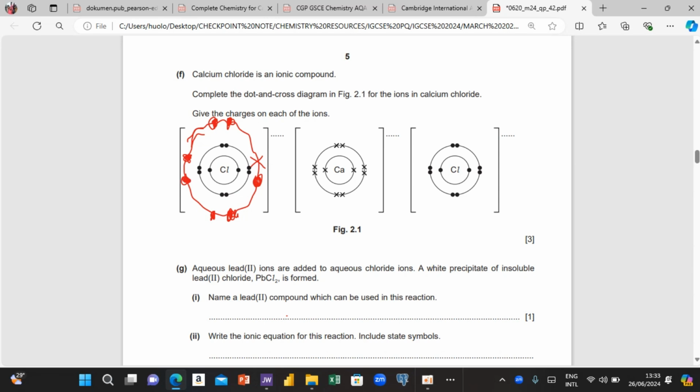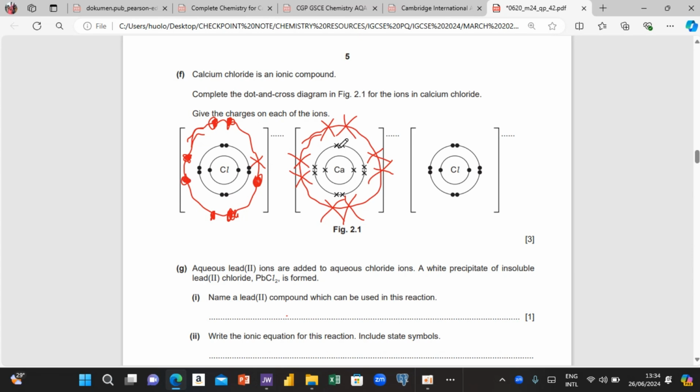One of them will be given to this chloride ion that I have drawn, then the other will be given to the other chloride ion. So you are left with just the 3rd shell. In the 3rd shell we have 8 electrons complete, and you have to use crosses, because the instruction says the calcium atom here is using crosses.